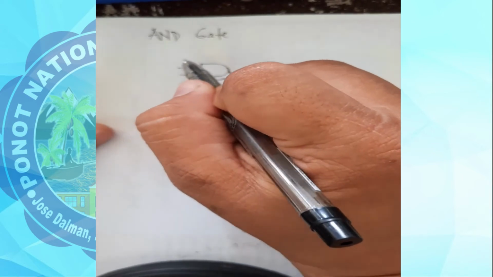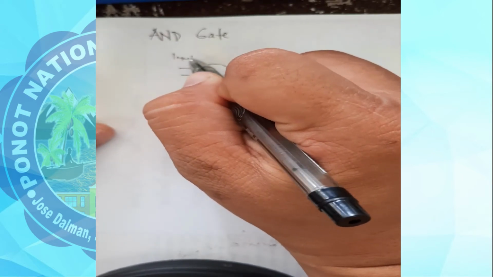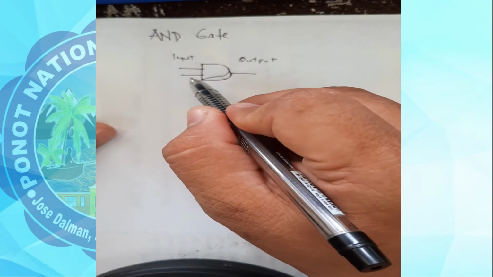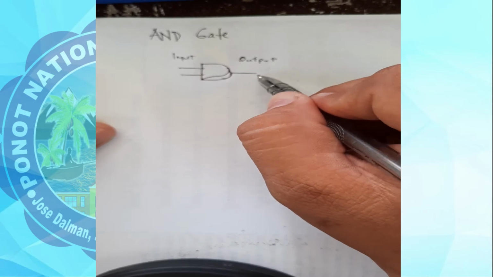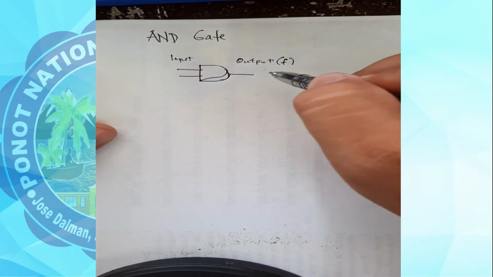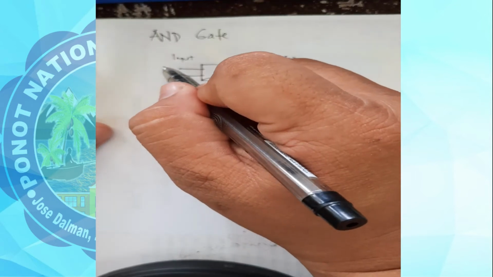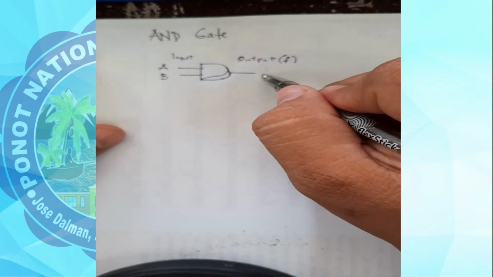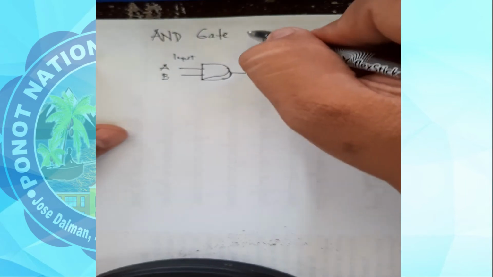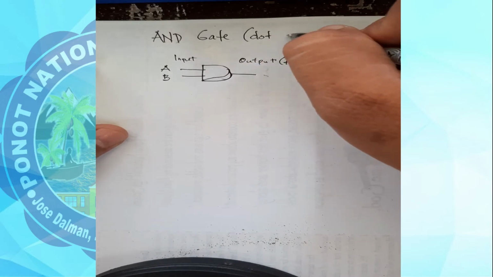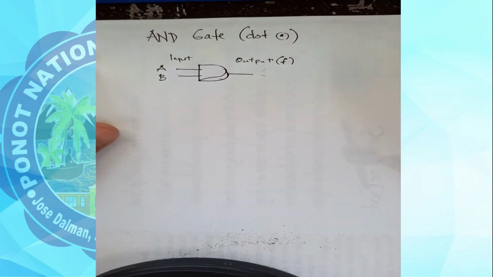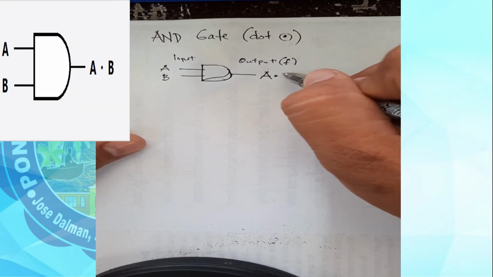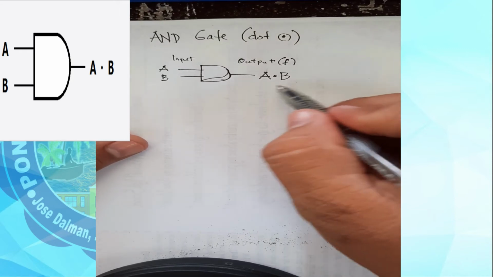This is your input and this is your output. You can have multiple inputs but you have only one output, that is output F. Say for example you have an input A and input B. An AND gate uses a dot sign to indicate an AND gate, so your output must be A dot B. Meaning it is a multiplication.